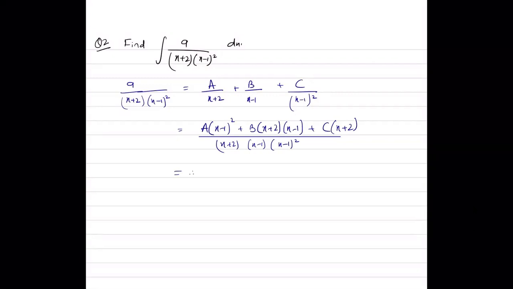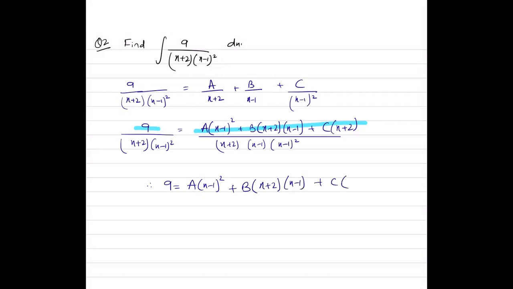So if you equate the numerators now, 9 equals a times x minus 1 the whole thing squared, plus b times x plus 2 times x minus 1, plus c times x plus 2.